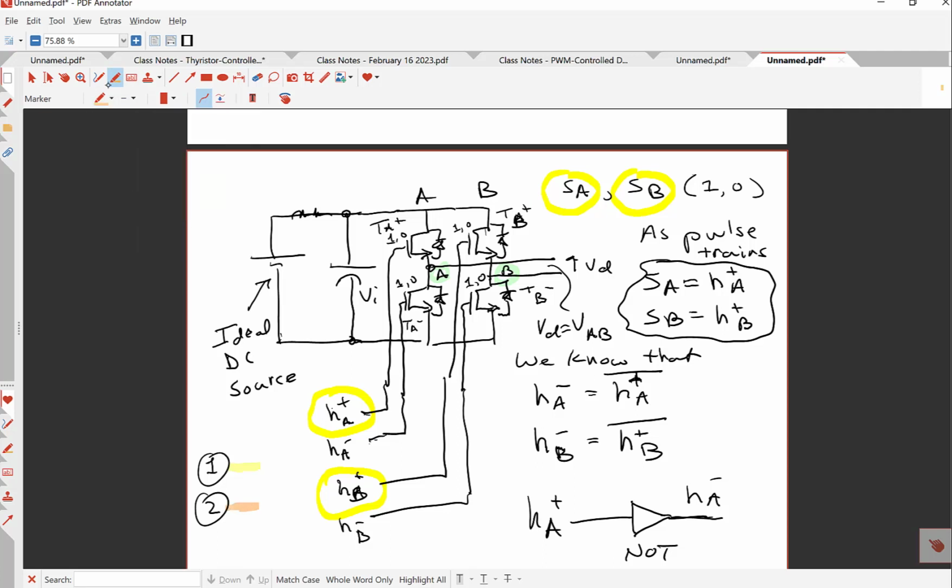So during state 1, HA plus is 1, so TA plus is going to be on. That would mean that TA minus is off. On phase B, since we have a 0, TB plus is off, but TB minus is on. So we're going to apply the voltage VI across from A to B.